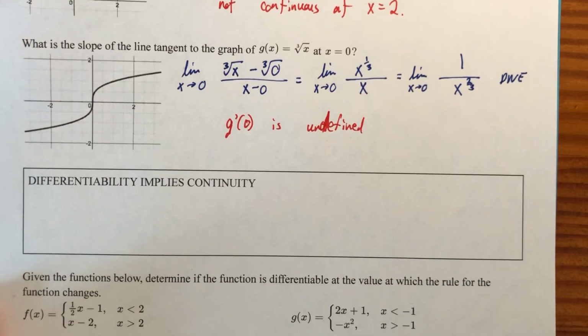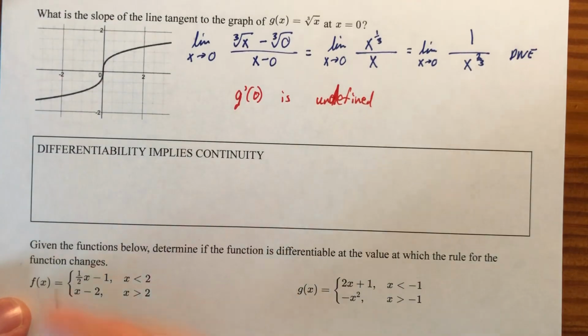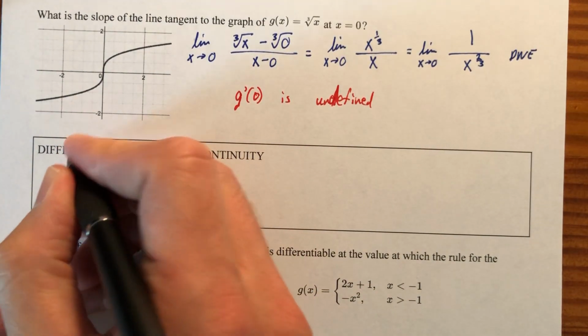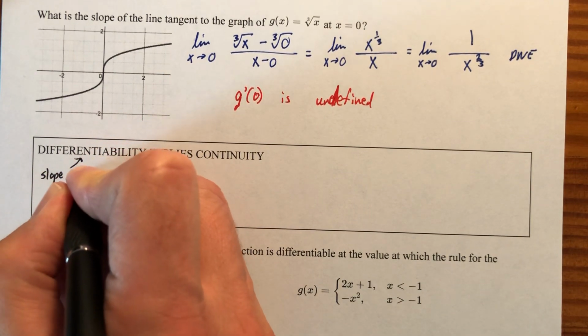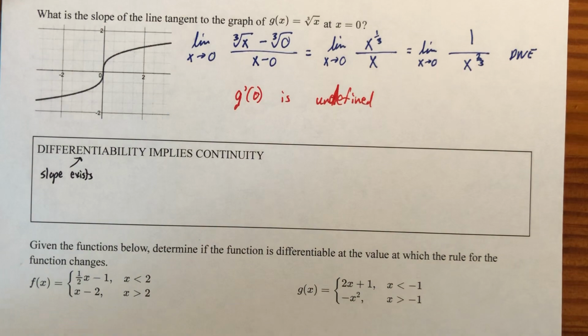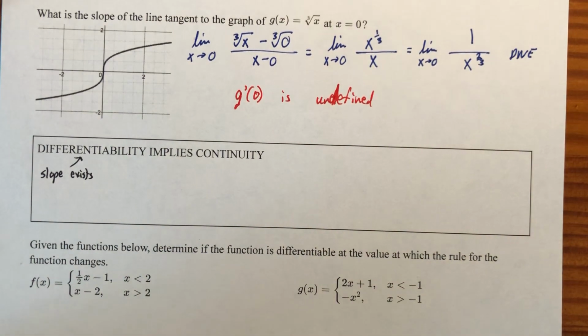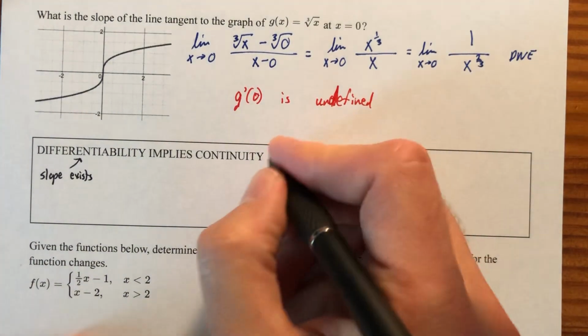Differentiability implies continuity. If a function is differentiable, that means I can find the slope. That means the slope exists. Then the function is definitely continuous. Let's write all that down.